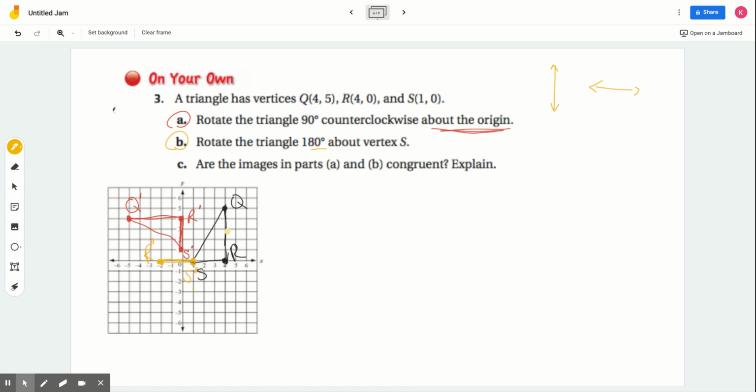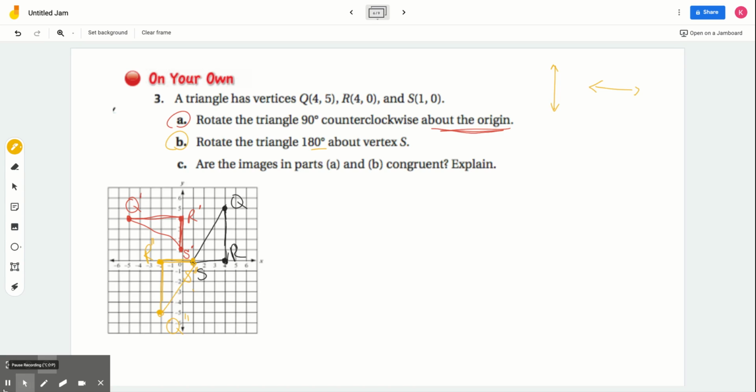We know that 1, 2, 3, 4, 5 spots away from R is Q. So we're going 5 spots away to make Q double prime. So what we really need to think about is once we've drawn the new images, if I picked up the original image, the black triangle, and turned it 2 times 180 degrees, would it make this image? And it would. Now part C, are they congruent? Have we changed the shape? Have we changed the size?